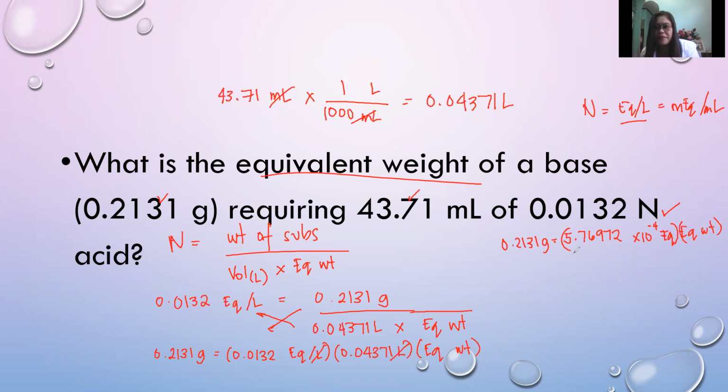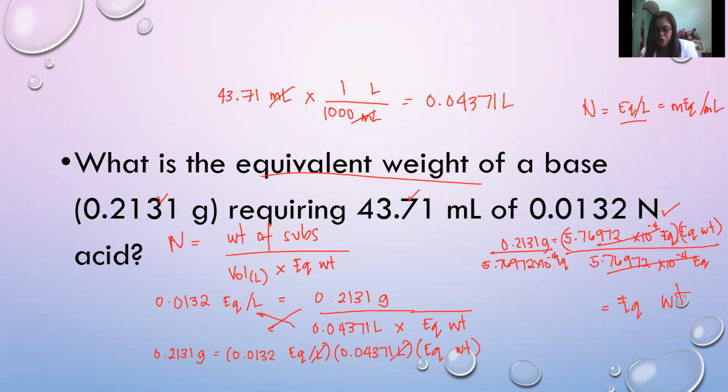Now let's divide both sides by 5.76972 times 10 raised to the power of -4 equivalent. Both sides. So that it cancels on the other side, and what remains is your equivalent weight.